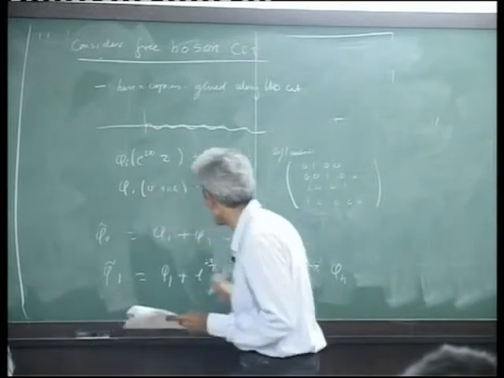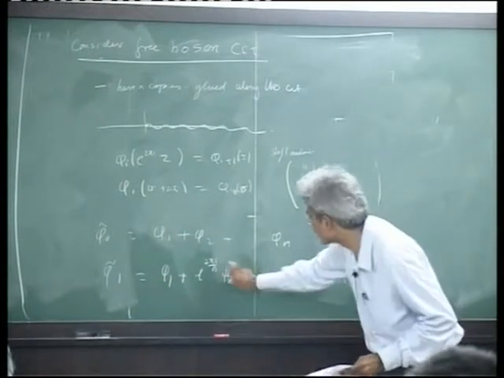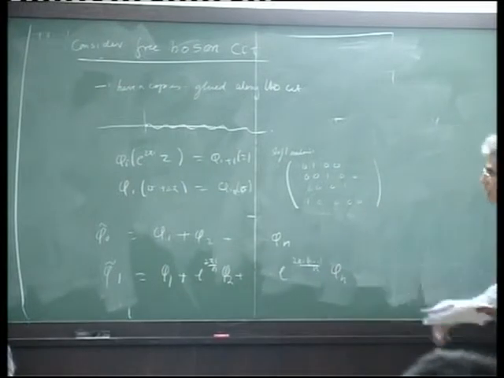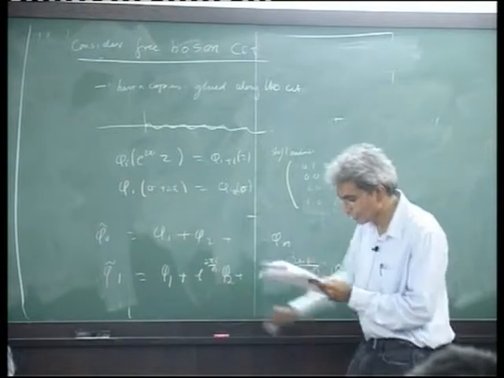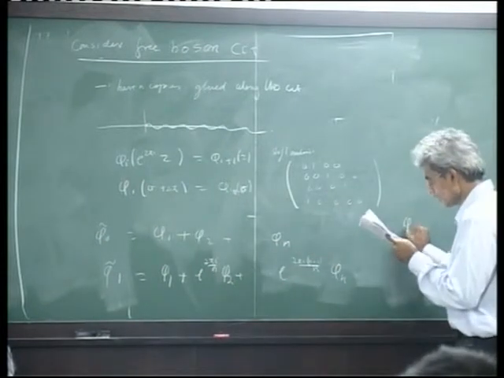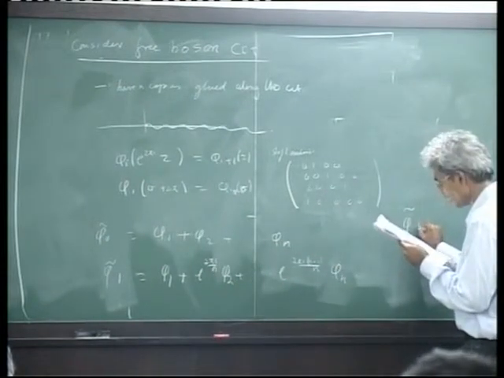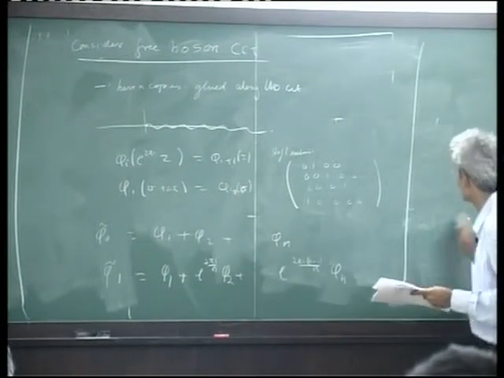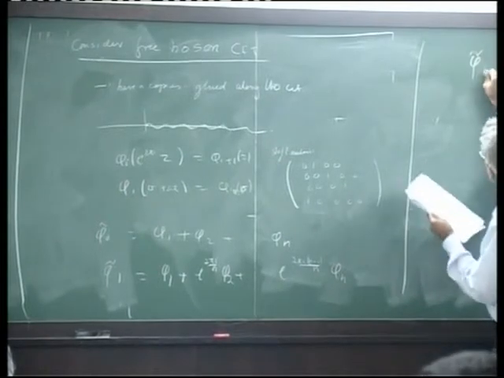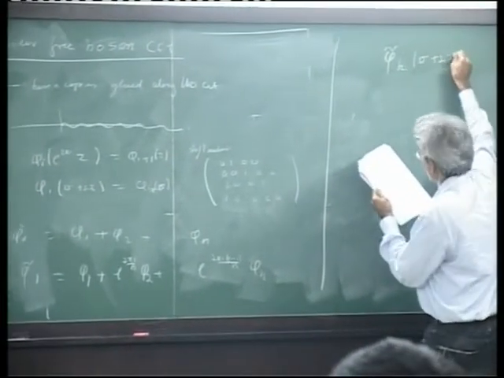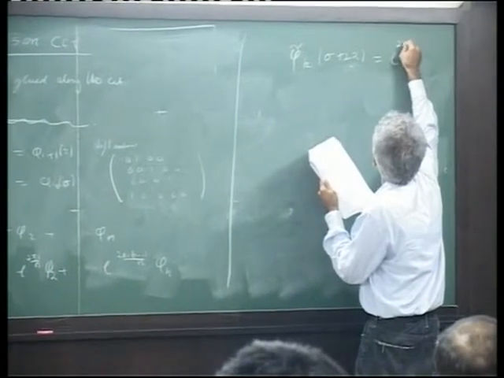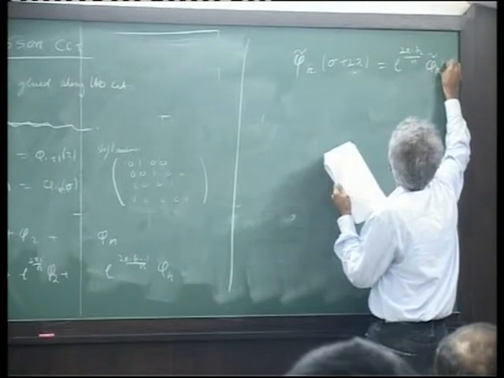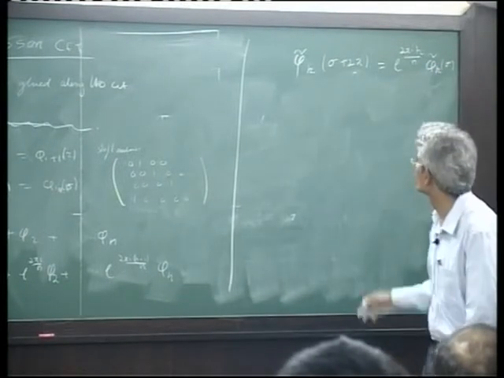In this basis the shift operator acts as: phi tilde k (sigma + 2 pi) is e^{2 pi i k/n} phi tilde k. This is more familiar to people who do orbifold CFT.